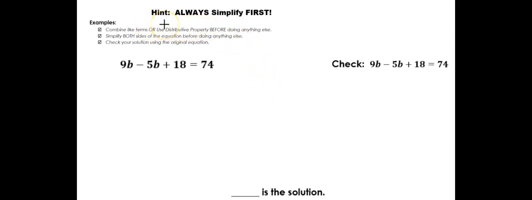So we've been working on solving two-step equations. And so we are going to continue solving two-step equations, but we have to first get them into that format of a two-step equation. Remember, a two-step equation is an equation that has two different operations involved.